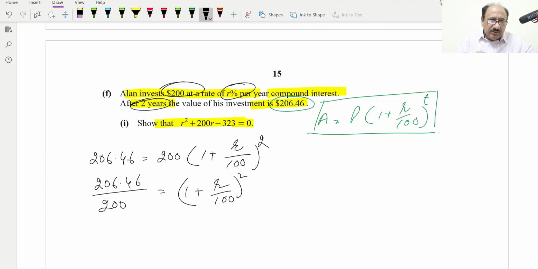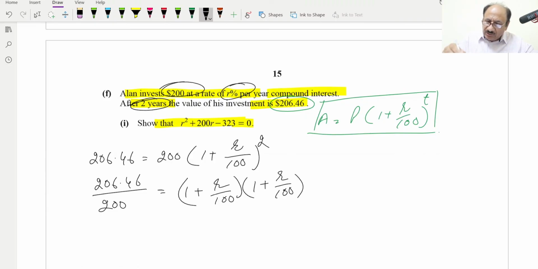So this side we can basically divide this, and otherwise I'll keep as it is, and I will open this square, and this one we can rewrite as 1 plus r over 100 squared.